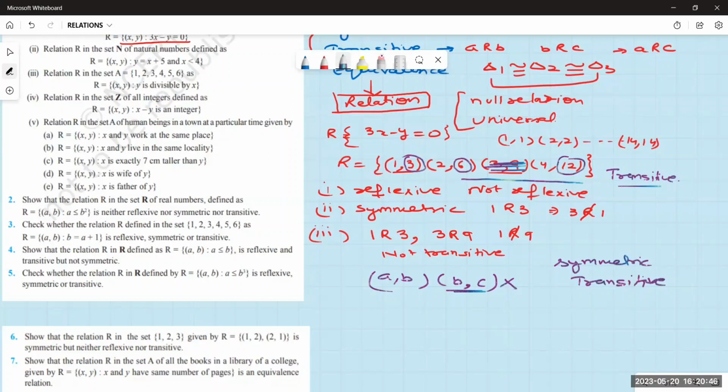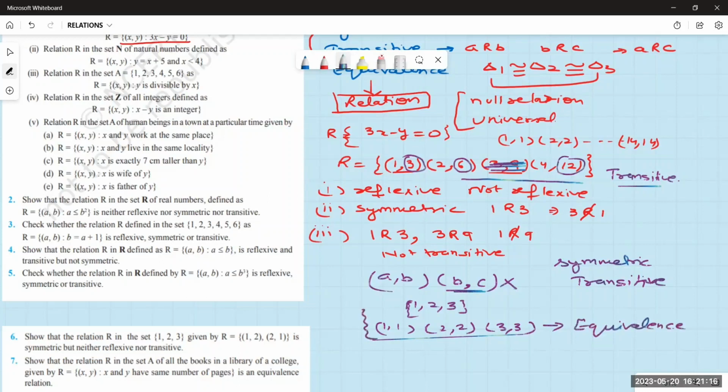Suppose I have given you 3 elements and I ask you to make the smallest relation: that will be (1, 1), (2, 2), (3, 3). This is an equivalence relation. This is reflexive. Symmetric: (1, 2), (2, 1) is not there, so the condition does not arise. Transitive condition is not there either. So still it is an equivalence relation. Understood?